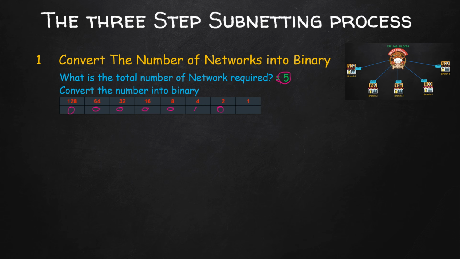Then the last one, number 1, should be 1. So in this example, when we add the number 4 and number 1, we get the number 5. So the conversion of the decimal number 5 is 101. So our answer is 101. When we convert the decimal number 5, we get the answer in binary 101.